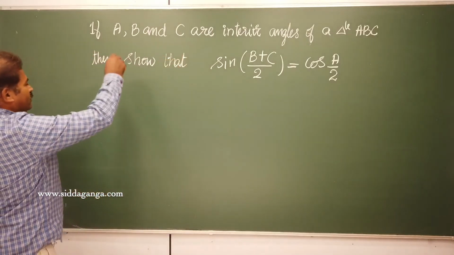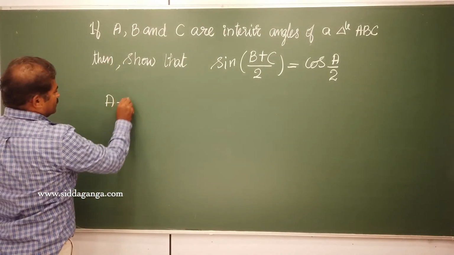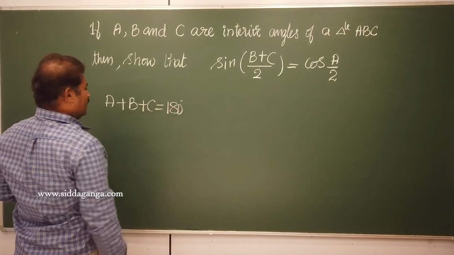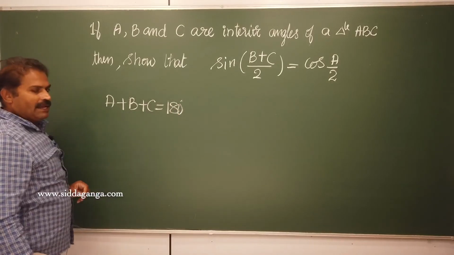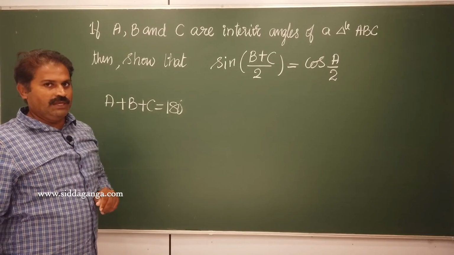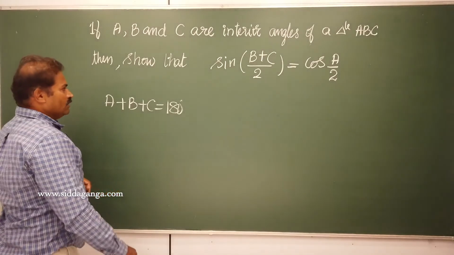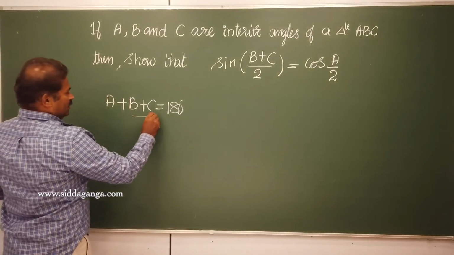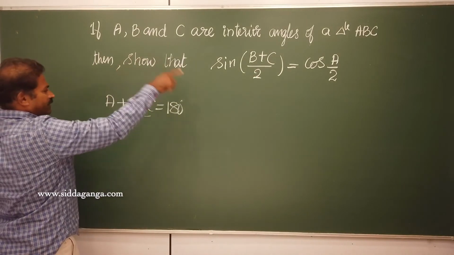So according to data, what you can write is angle A plus B plus C is equal to 180 degrees. Why? Because the sum of the interior angles of a triangle is always going to be 180 degrees. So here they have a relation between B plus C and A. So you can take B plus C here and shift A to that side.